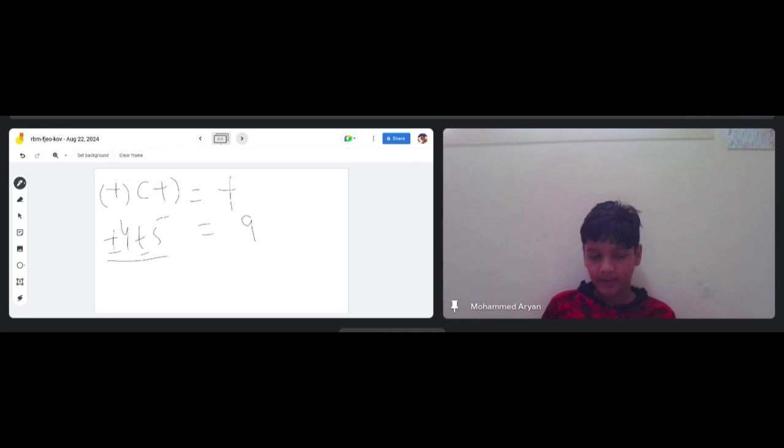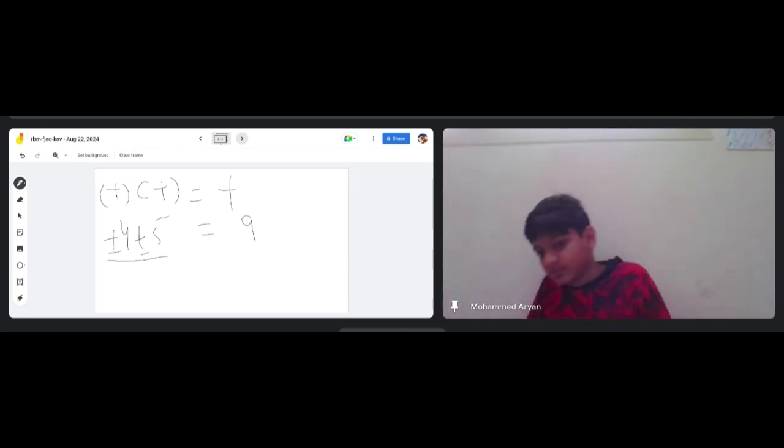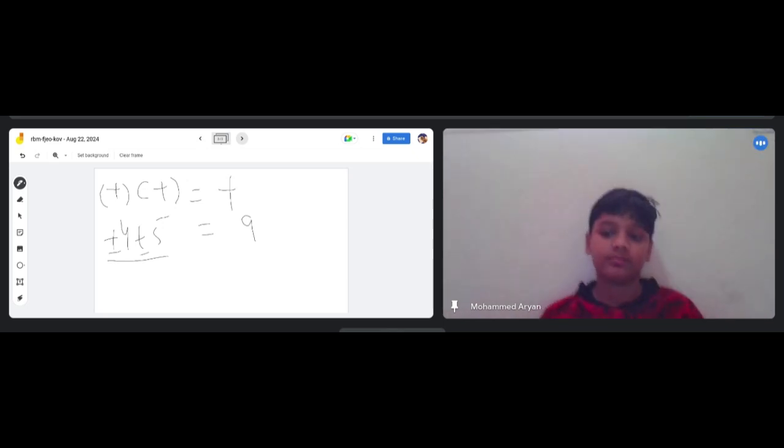If we are going to solve addition between two digits, like plus 4 plus 5, which number is bigger here, 4 or 5? 5. If the bigger number has any sign, plus or minus, you use that sign with the answer.